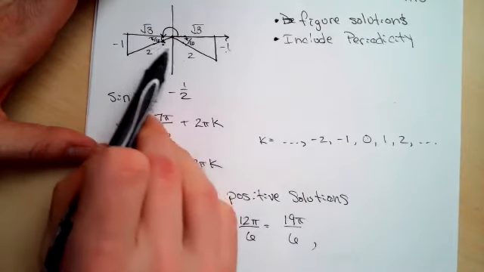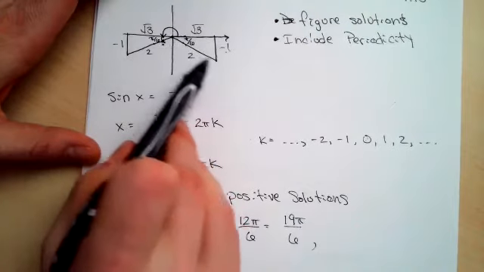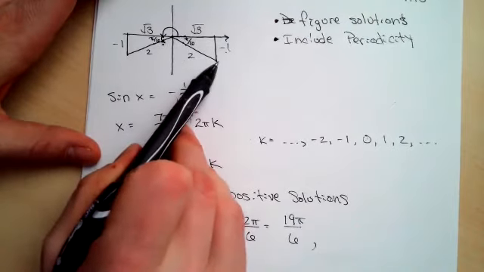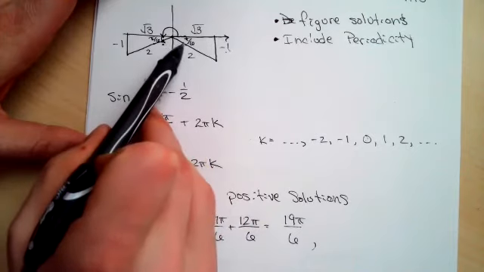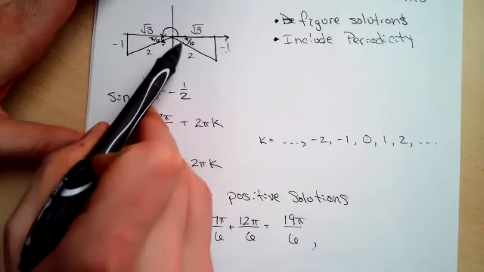And then what's the next one after that? It'll be back to this reference angle. And this guy was 11 pi over 6. So when's the next time we will be back here? 11 pi over 6 plus 2 pi.